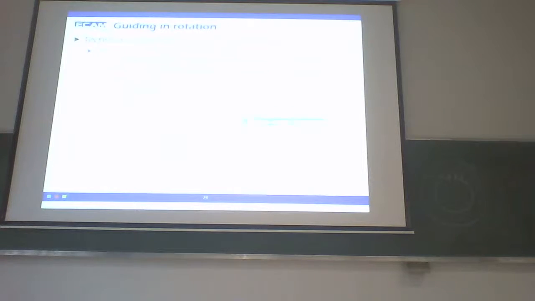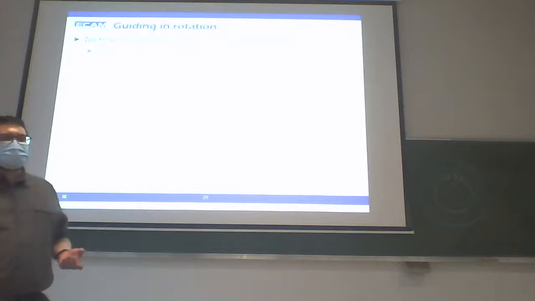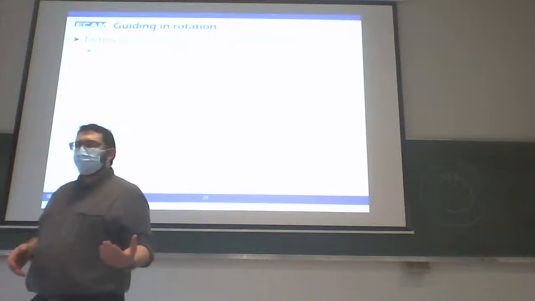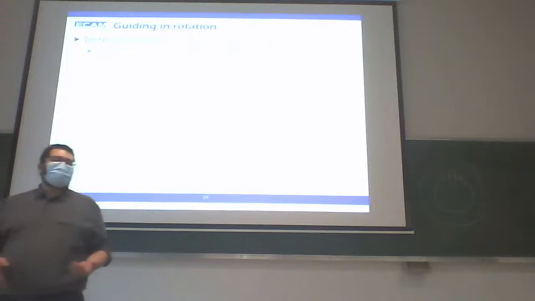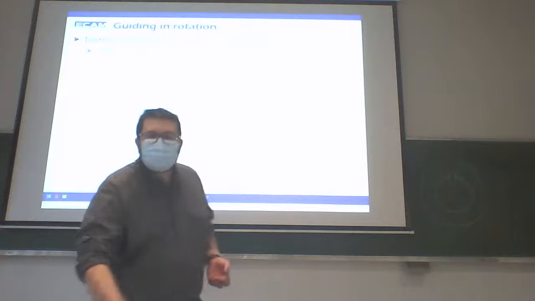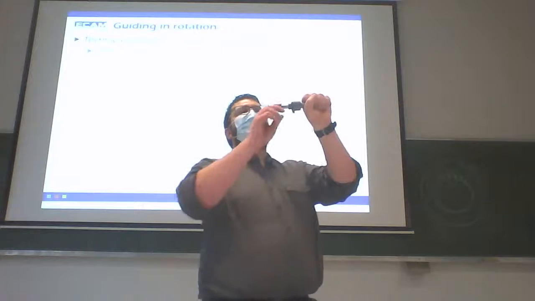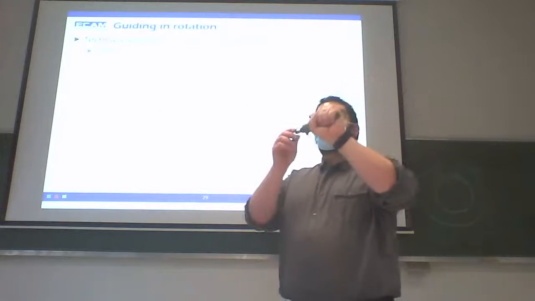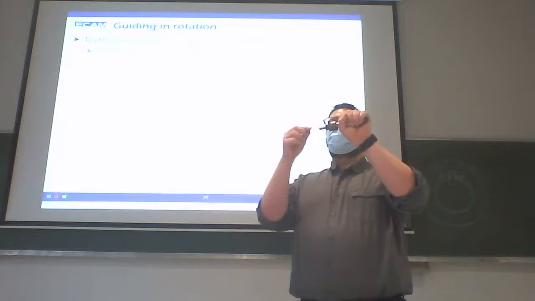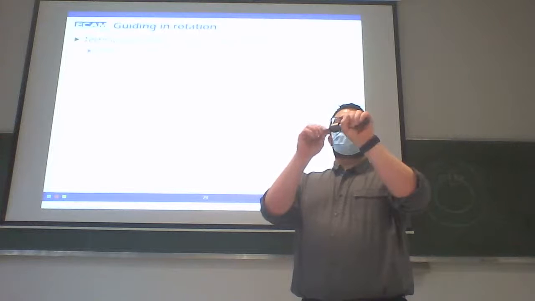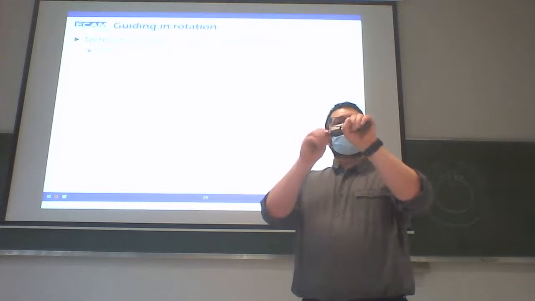So to realize a revolute joint, I need a cylindrical contact plus a translation stop. When I realize a cylindrical joint, I remove 4 degrees of freedom. I only have one translation and one rotation. If I stop this translation, I realize the revolute joint.